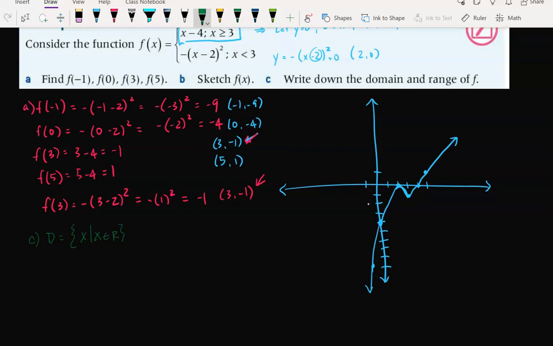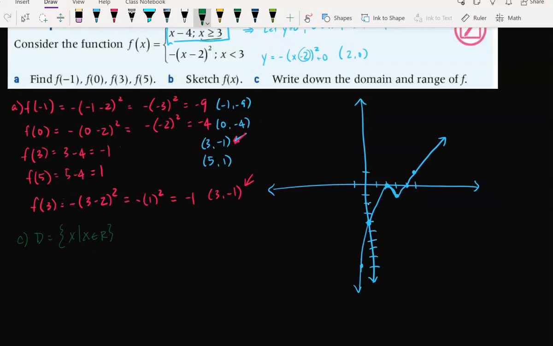Quadratic function domain, all real numbers. They don't have any gaps. They keep on going. You could tell by the inequalities that define their individual domains. Okay? The range. Looking at the graph, look at the range. There are no spots that are missing. It's going to be all real numbers.